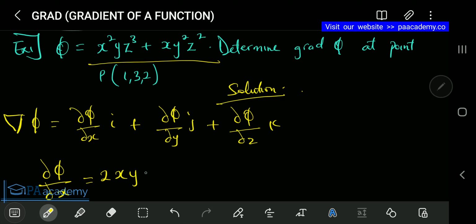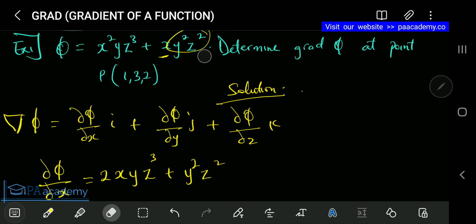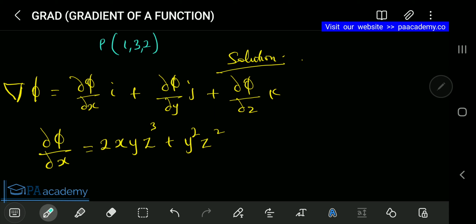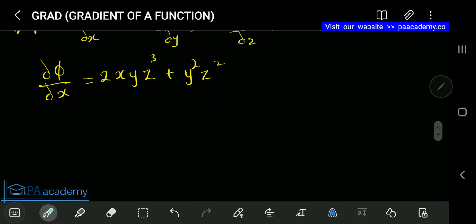So we're going to be having 2xyz cube, plus, now for this we are having x, if you differentiate x, it is going to give us 1, then this will be a constant, so we are going to be having y squared z squared. We don't need to write 1 because it won't make any significant difference, so we can just skip that. I hope that's clear.